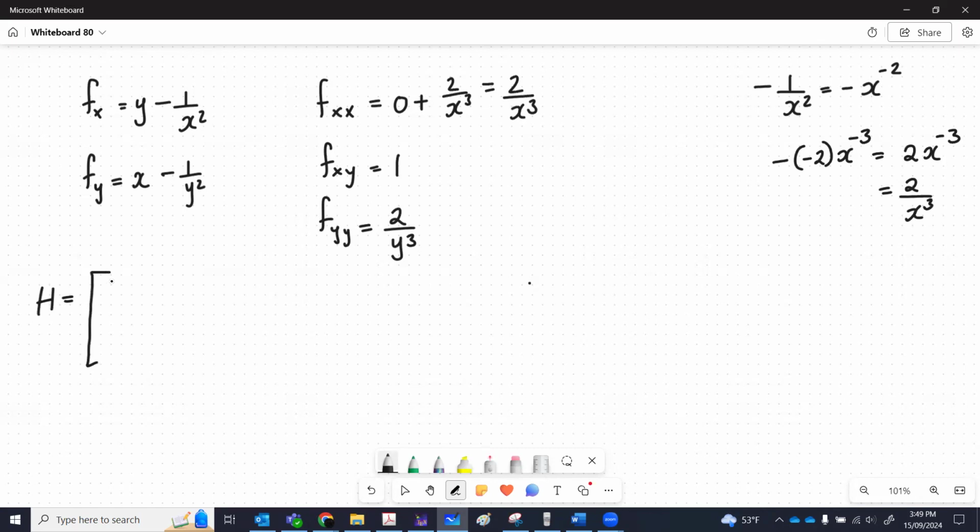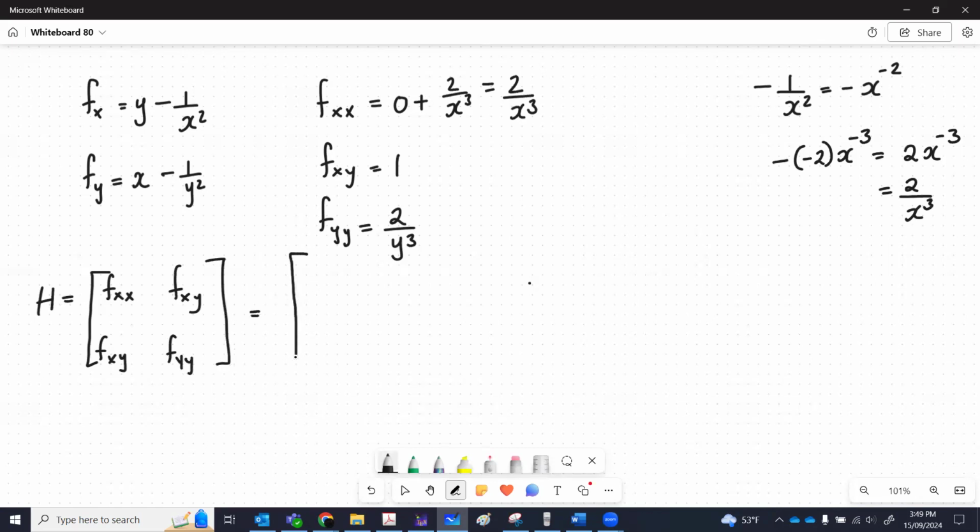We know here we should have fxx, fxy, fyx, which we know is exactly the same as fxy, because if I were to differentiate this one here with respect to x to get fyx, I would get 1, which is exactly what I have over there. So those two are equal, and then here I should have fyy.